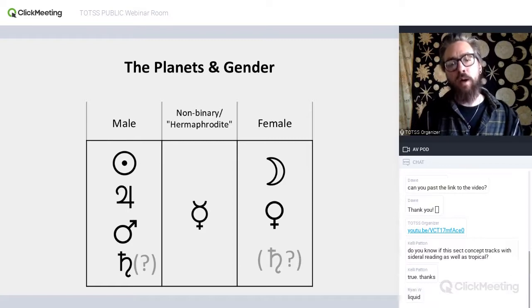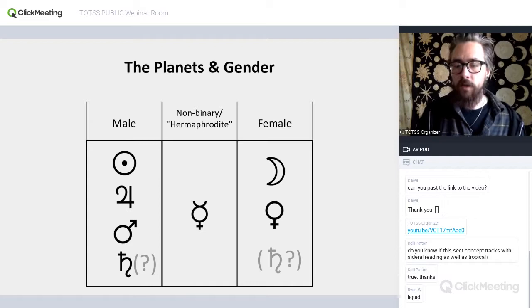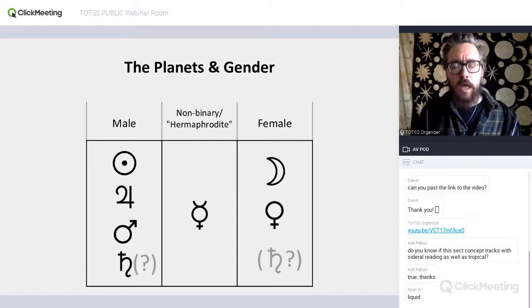So I think, in modern parlance, non-binary is the best way of describing this, or liquid is a good way. But also of containing contraries or being outside of, not fitting into categories is a very mercurial thing. Now, in most of the older traditions, Saturn is generally considered male, and there are still some open questions that historians are looking into about an alternative tradition of treating Saturn as female.